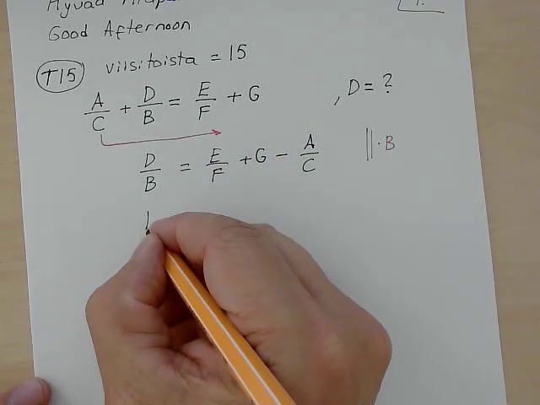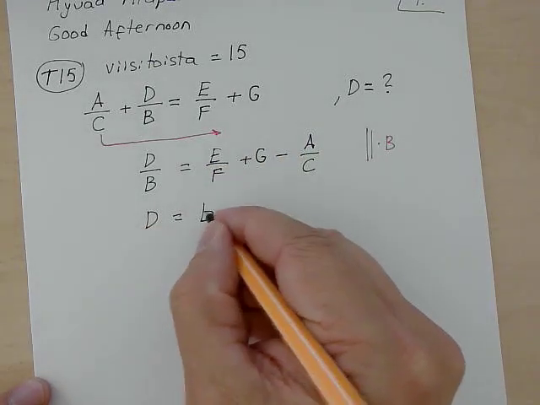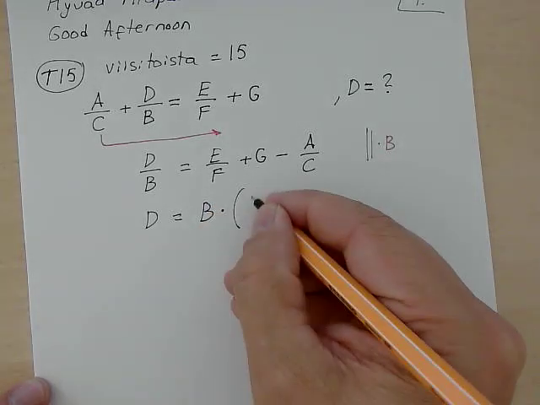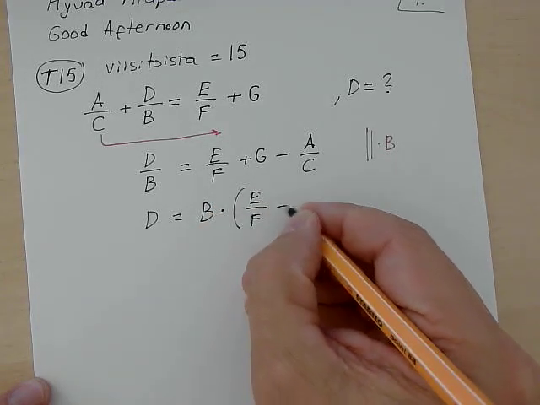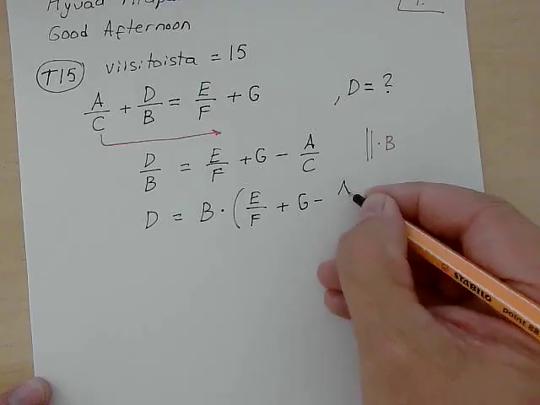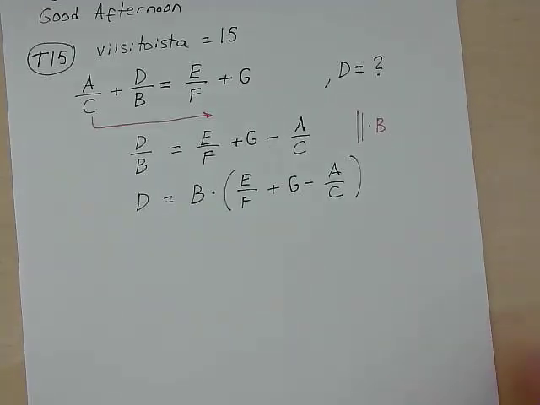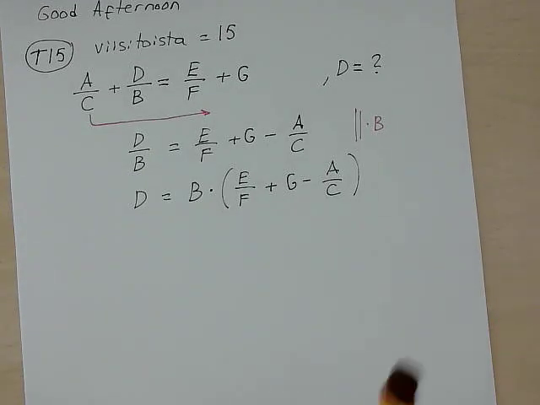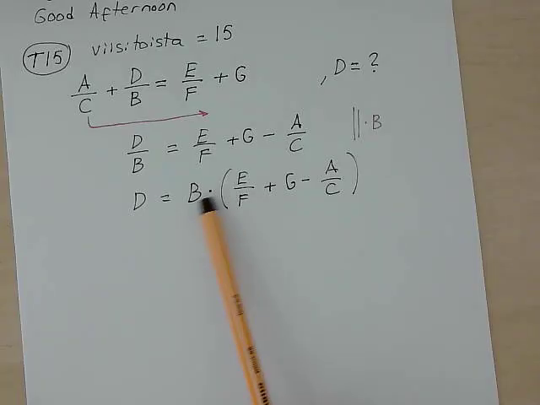So the final answer could be written like this. Of course, you may also open these brackets here, but it is not necessary. I think this is okay for the result.